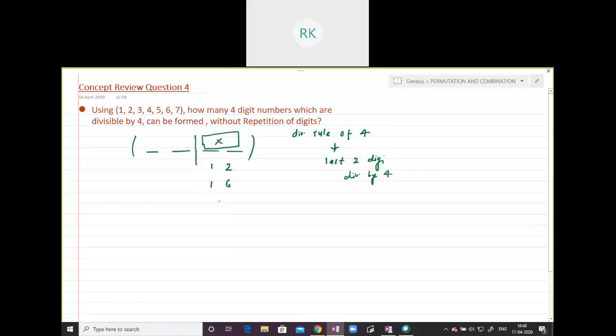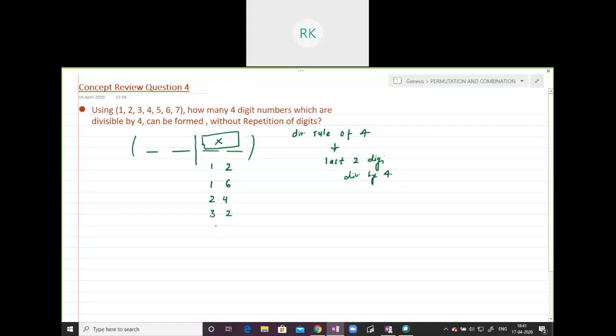Next multiple, 24. I can't take 20, because 0 is not there in the set. So 20 is not possible. 24 is possible. 28 is not possible because 8 is not there in the set. What is the other possibility? 32, yes, possible. 32 is a multiple of 4.